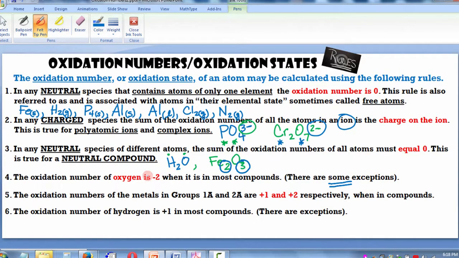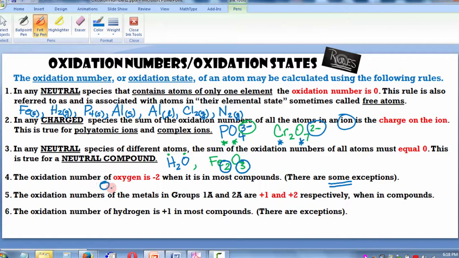Since we haven't talked about electronegativity and the octet rule, we'll just keep it simple for this case. There are some exceptions, but in general we'll say the oxidation number for oxygen is minus 2 when in a compound.